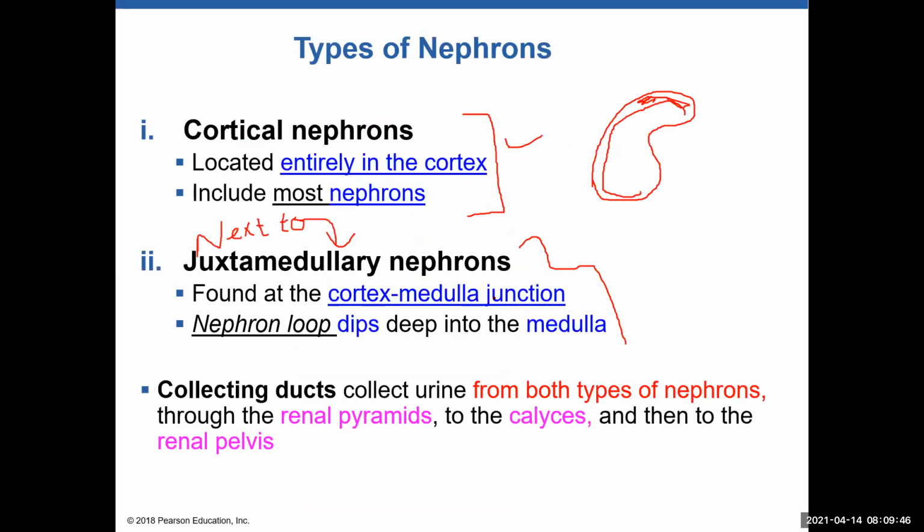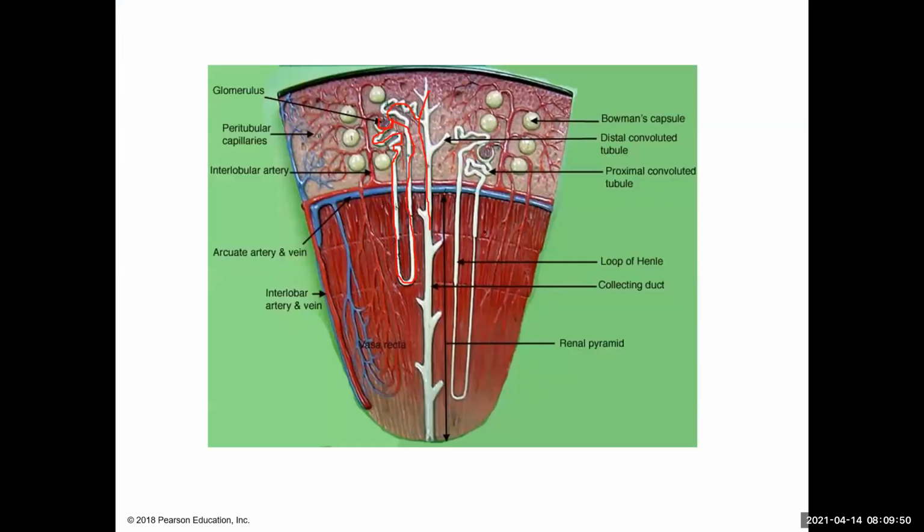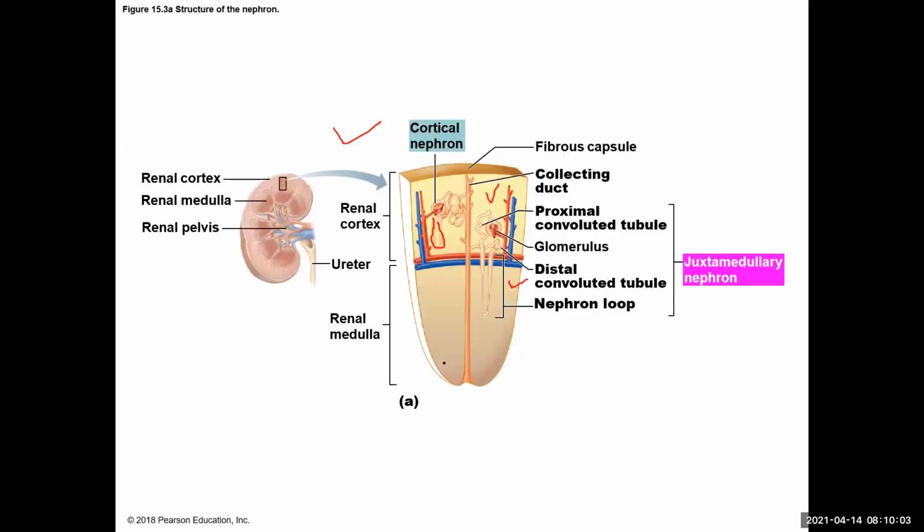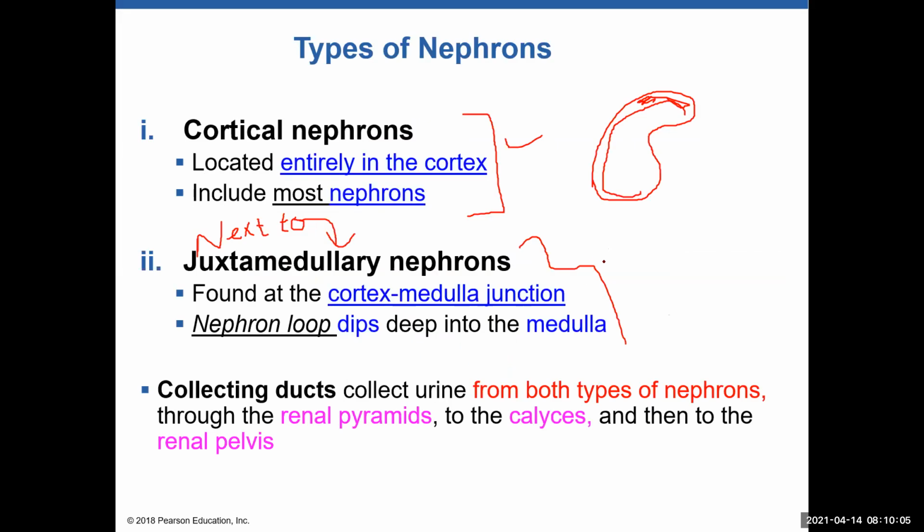For the juxtamedullary nephron, look at the diagram, its loop of Henle goes deep down into the medulla. This you have to remember. About 20% of the nephrons belong to this category.